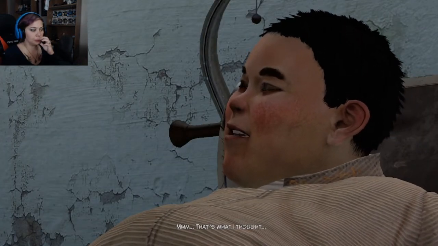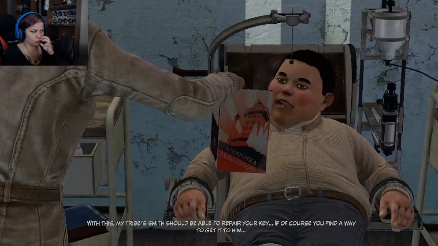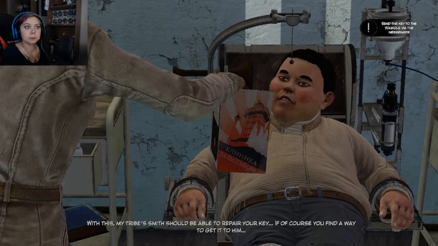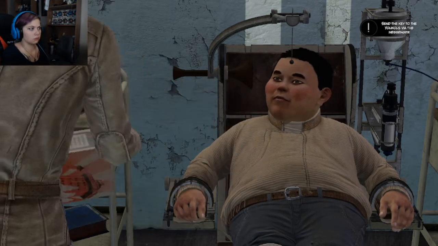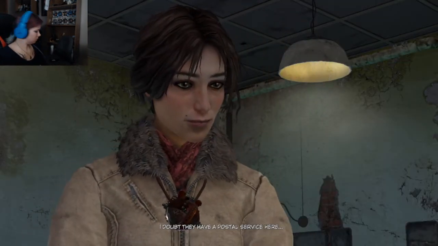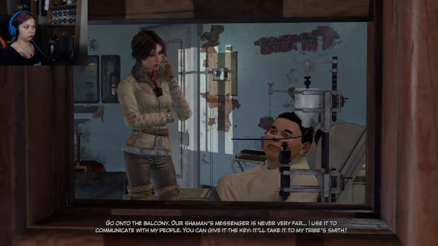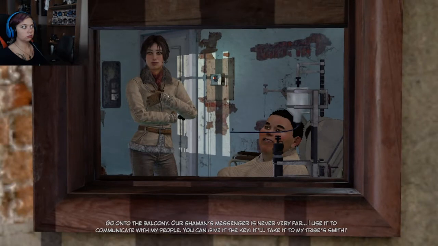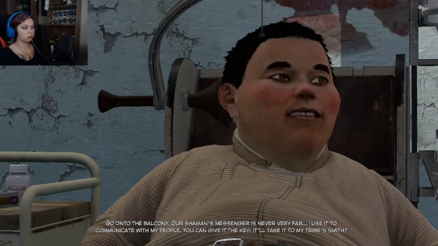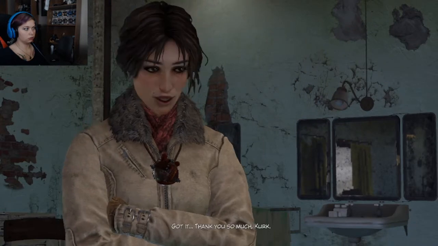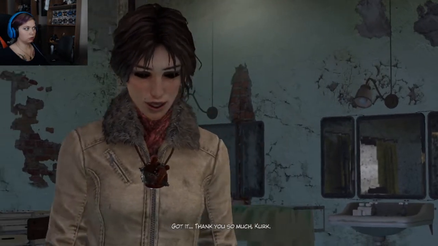That's what I thought. With this, my tribe smith should be able to repair your key. If, of course, you find a way to get it to him. I doubt they have a postal service here. Go onto the balcony. Our shaman's messenger is never very far. I use it to communicate with my people. You can give it the key. It'll take it to my tribe smith. Got it. Thank you so much, Kirk.